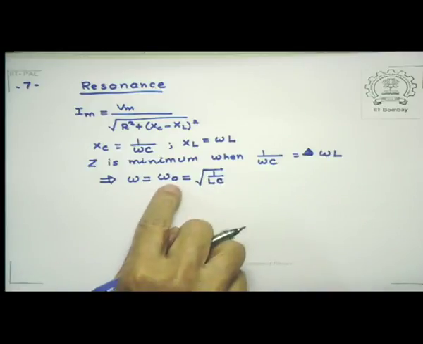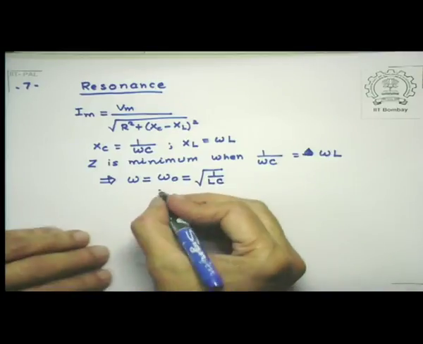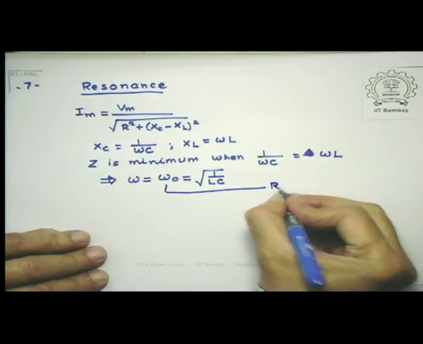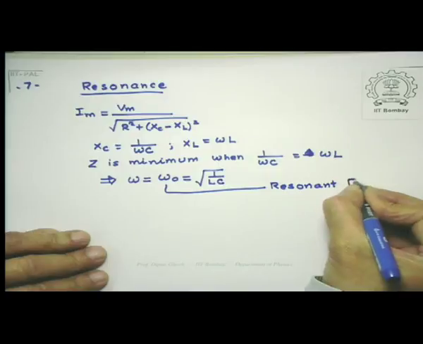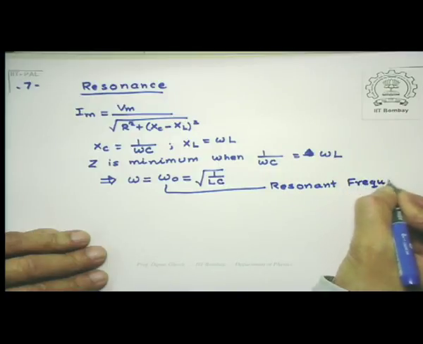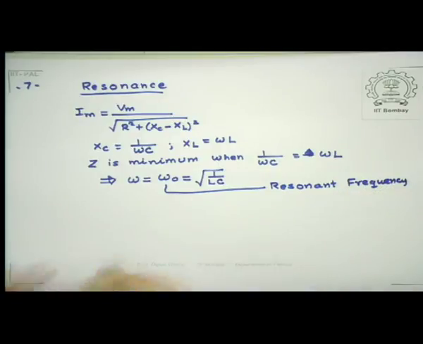This omega 0 is my definition of the resonant frequency. Notice that the resonant frequency does not depend upon a dissipative element like resistance. It is entirely decided by the values of L and C.